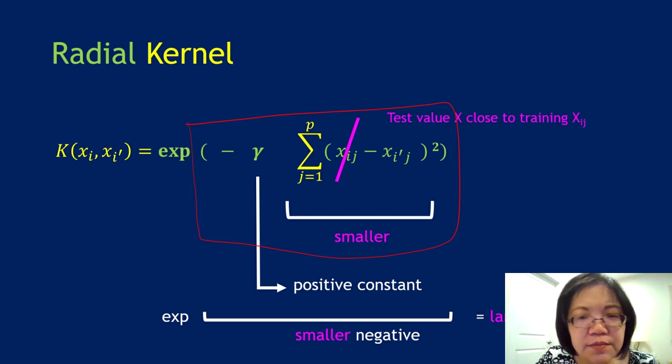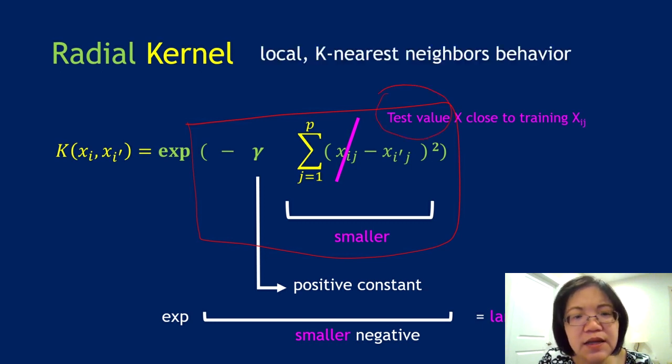So in this sense, this is how the kernel classifies the test values. When the test value is closer to the training data set, you get a larger kernel. When the test value is far away from the training set, you get a small kernel.